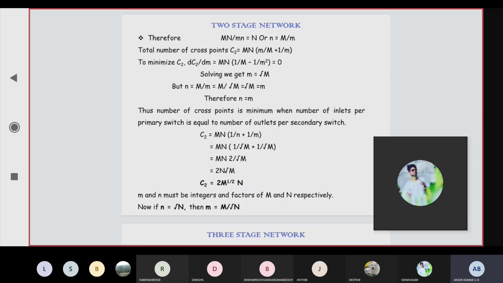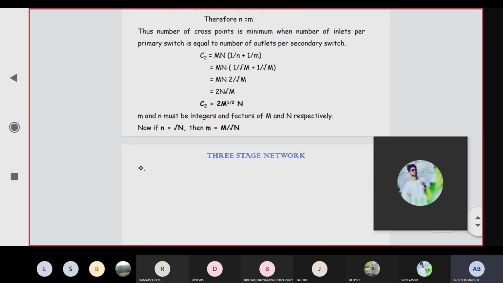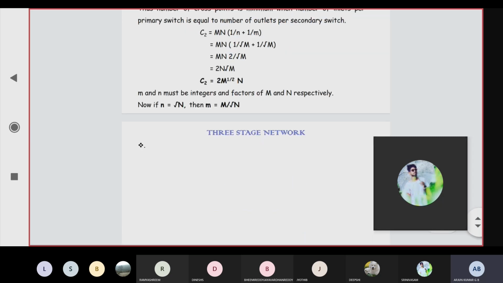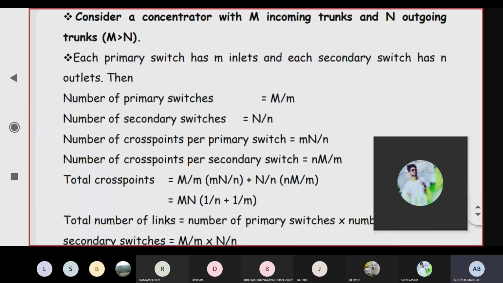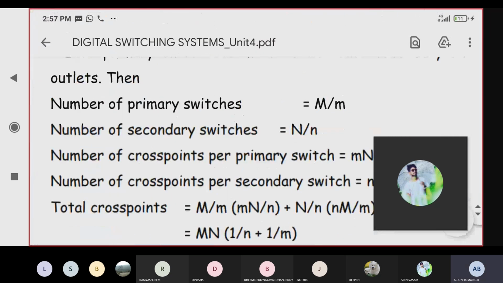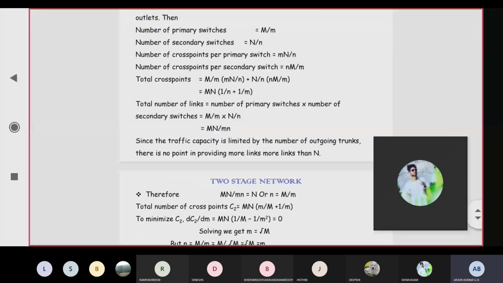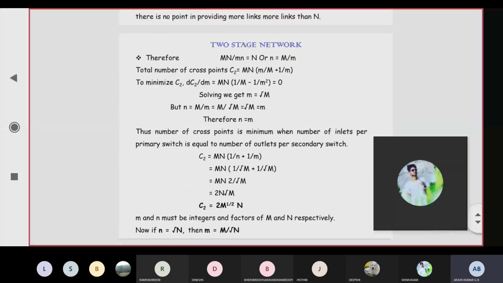Then m and n must be integer and factors of m and n respectively. Now n is equal to square root of n and m is equal to square root of m. This is the first case, if m is greater than n.